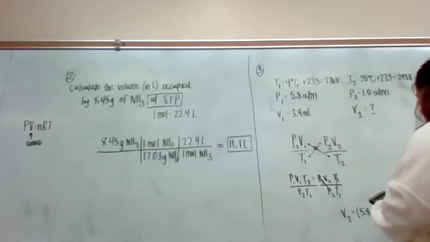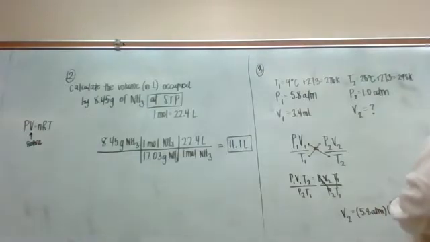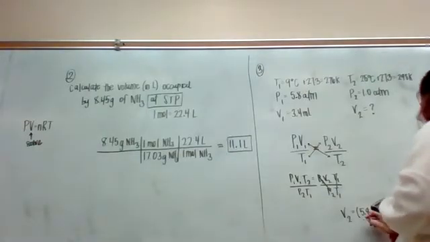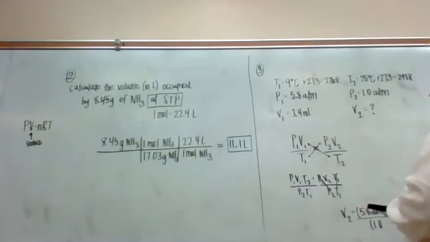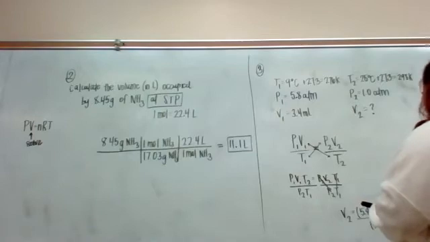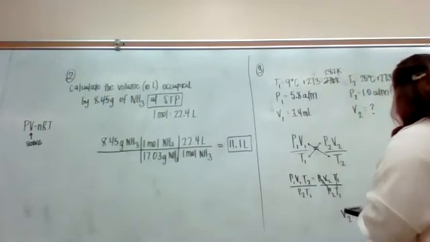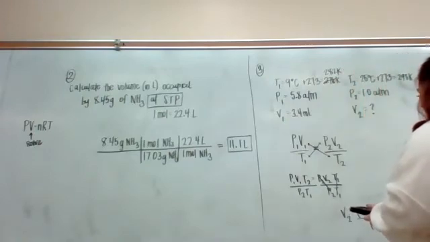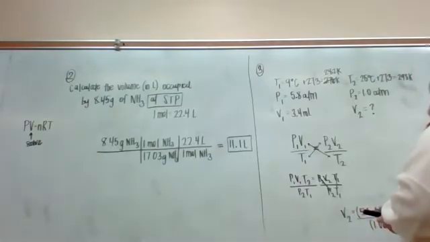Right, P1, 5.8 atmospheres, times V1, 3.4 milliliters. T2, 298 K. For T1, I got 282 when that converted. For T1? Oh, that's right. I don't know why I put a 3 instead of a 9. P2, 1 atmosphere. T1, 282.